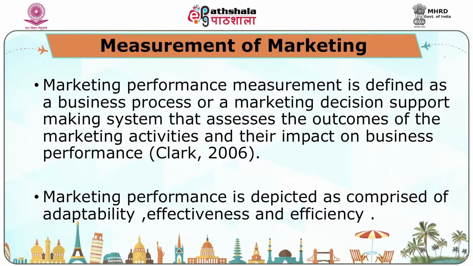Measurement of marketing performance is defined as a business process or marketing decision support system that assesses the outcomes of the marketing activities and the impact on business performance, Clark 2006. Marketing performance is depicted as comprised of adaptability, effectiveness and efficiency.